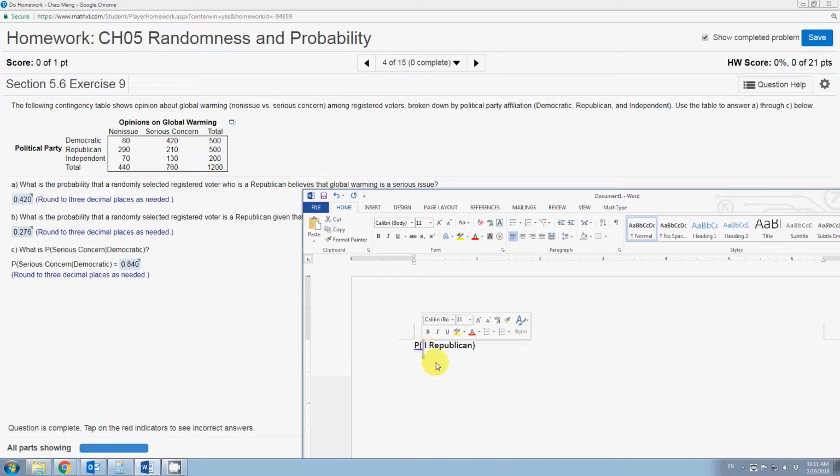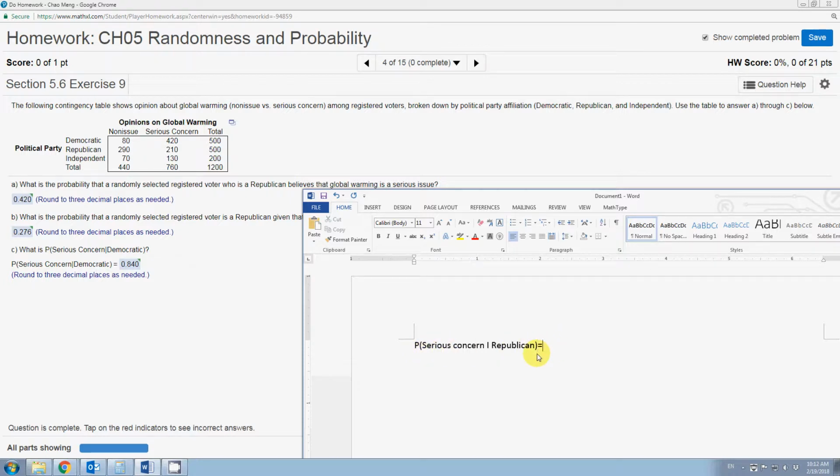And what's the event? That person believes that global warming is a serious issue or concern. So among Republicans, if we randomly select a person from the Republicans, what's the probability that the person believes that global warming is a serious issue?